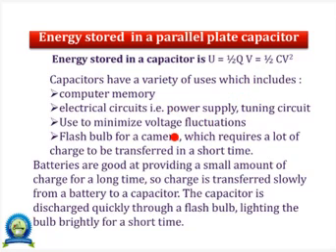Okay? So lastly on this, let's quickly look at other uses of capacitors. Capacitors are used in computer memory. They are used in electric circuits for power supply, as filter, to be precise, in power supply. It's also used as a tuning circuit, and also used to minimize voltage fluctuations.